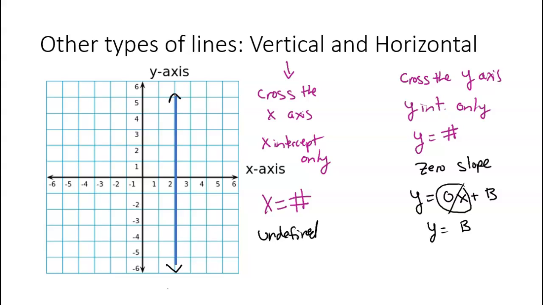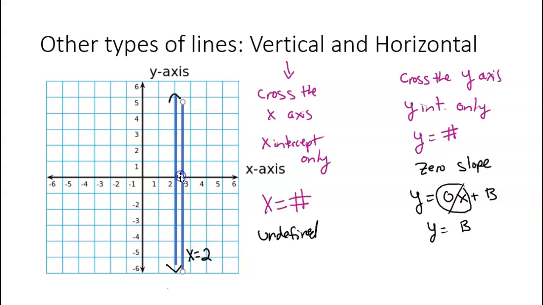So notice that it crosses just your x-axis. It's undefined slope because you're just having a change in y and not a change in x, right? So this would just be written as, say, x is equal to the number 2. And that's it, okay?